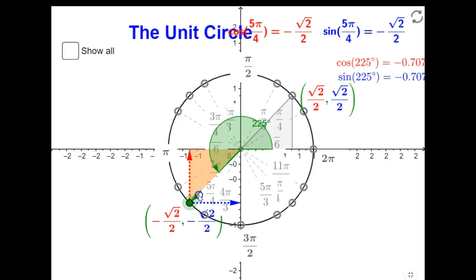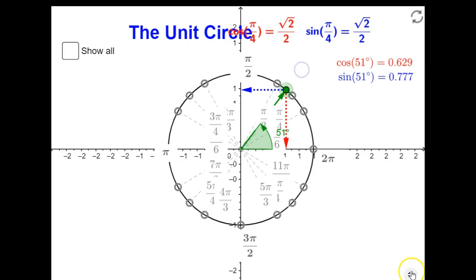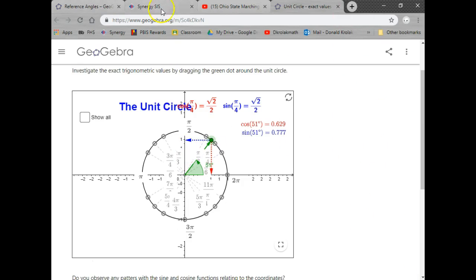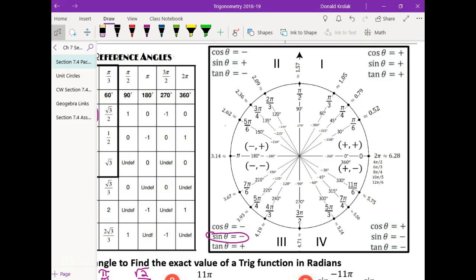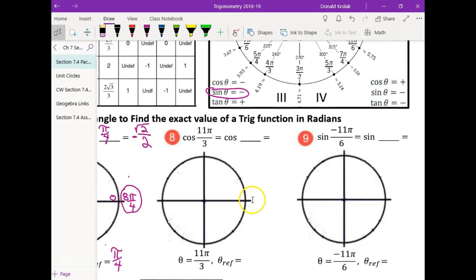And there we can see our sine and our cosine value. So you can also count using your unit circle. We did it using arithmetic to get the reference angle.